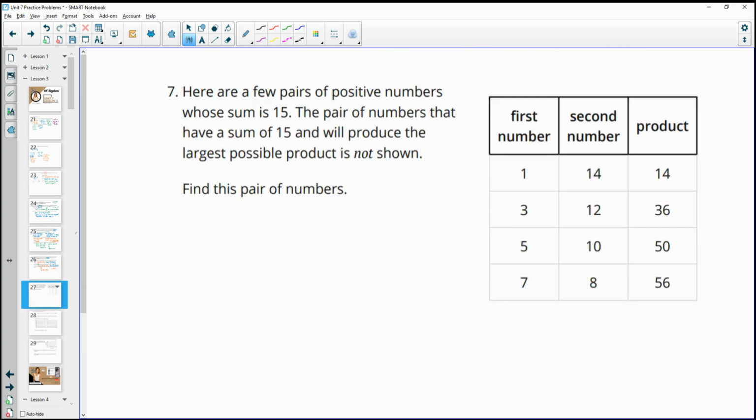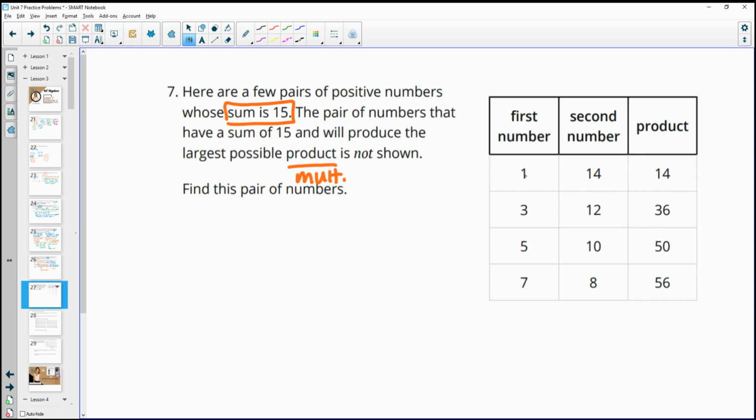Number 7, here are a few pairs of positive numbers whose sum is 15. The pair of numbers that have a sum of 15 and will produce the largest possible product, which means multiply, is not shown. Find this pair of numbers. So if you remember when we've done problems like this before, the closer the numbers are together, the bigger the product is.